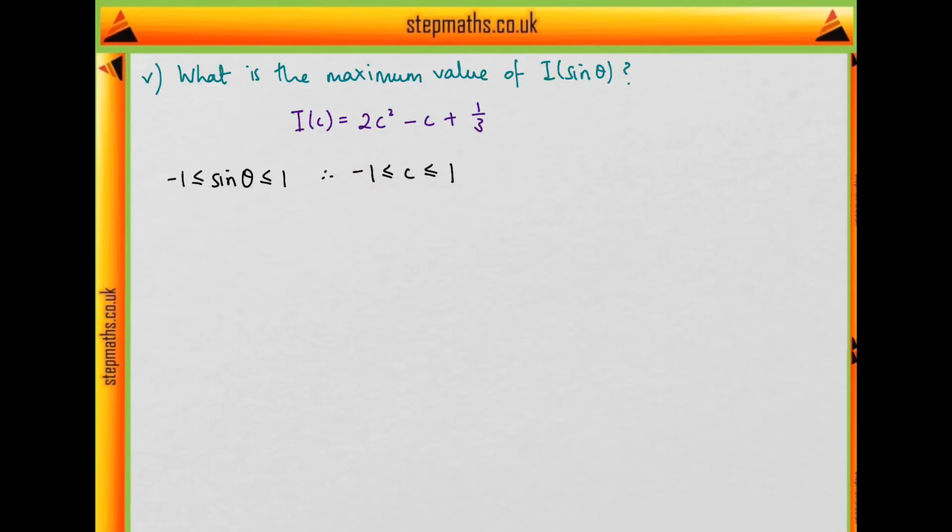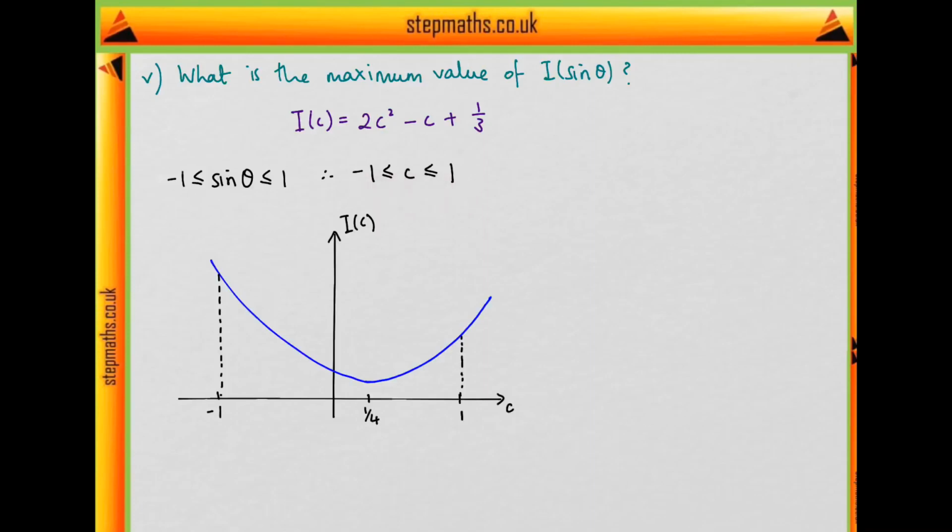If we look at the graph of IC for C between minus 1 and 1, IC is a quadratic in C, so it's going to have this shape like a parabola. In the last part, we worked out that it had its minimum at a quarter. So looking at this graph between minus 1 and 1, we see that it's highest at minus 1, which is the value of C that's furthest from a quarter.